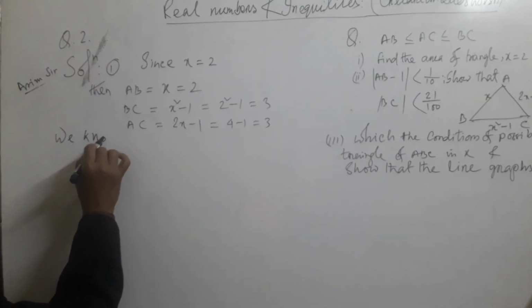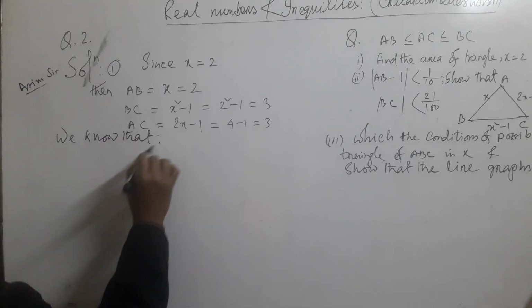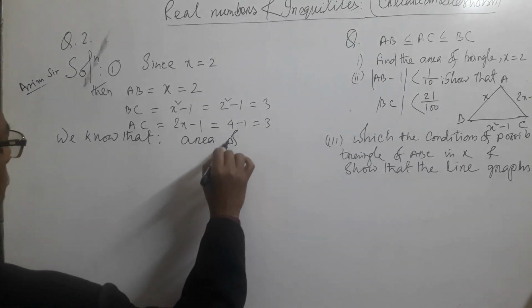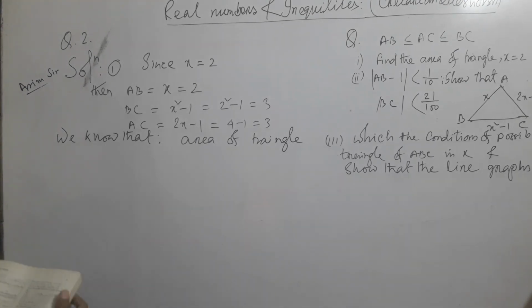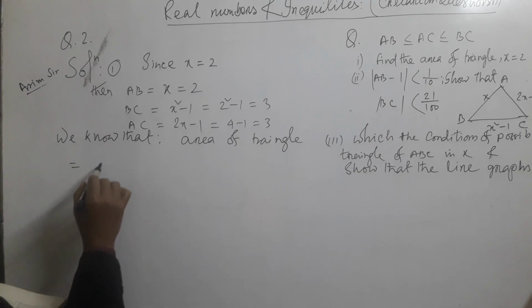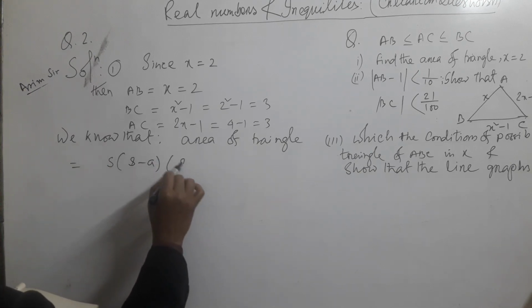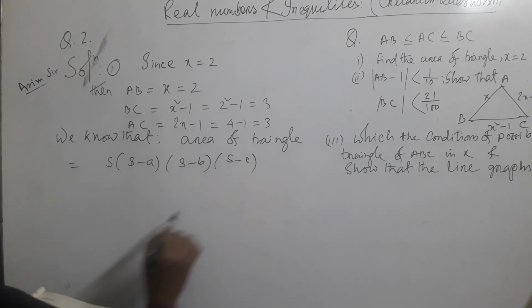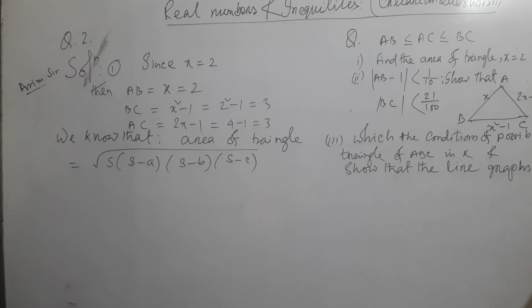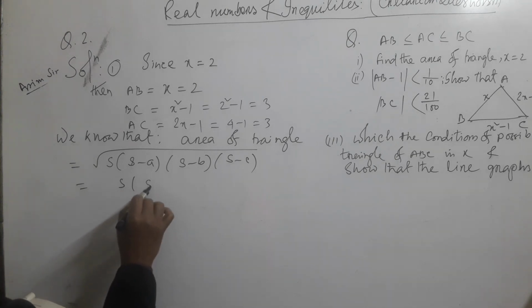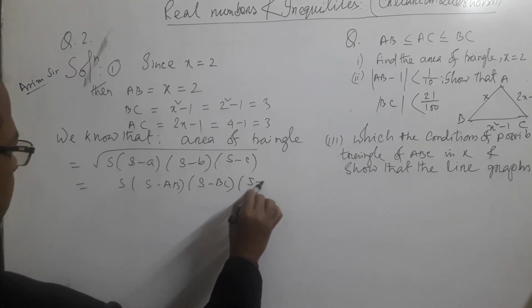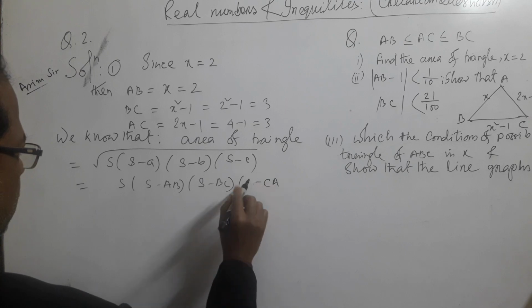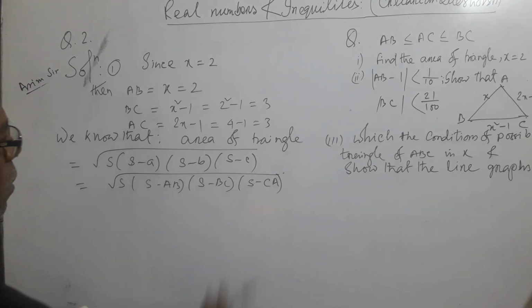We know that the area of a triangle is equal to the root of S into S minus A, S minus B, and S minus C, that is, S into S minus AB, S minus BC, and S minus CA. This is the formula.